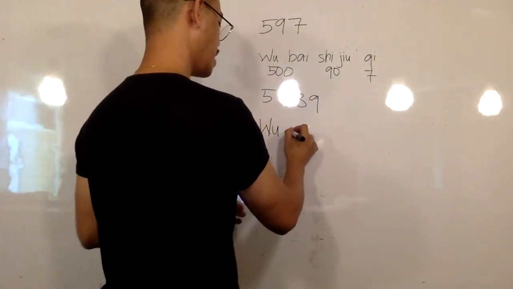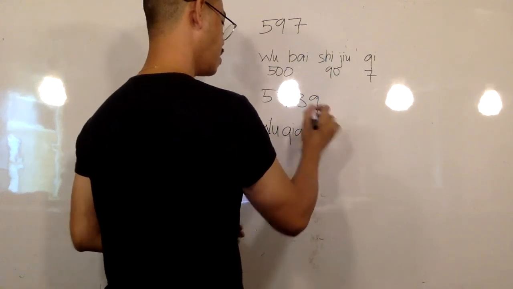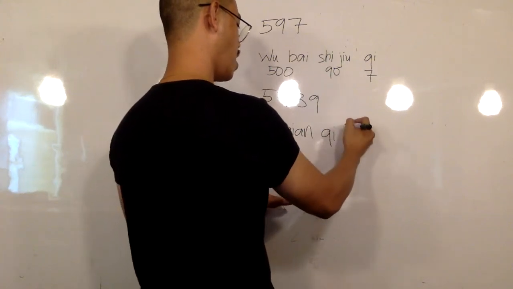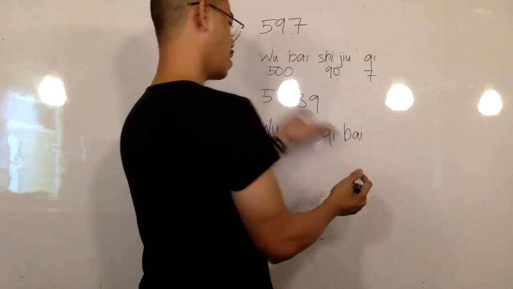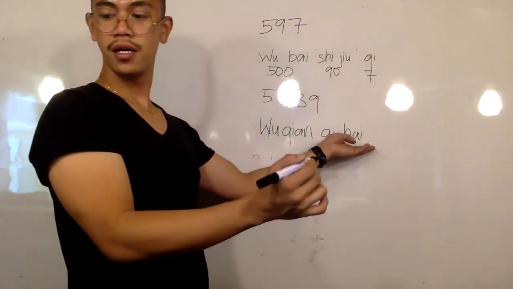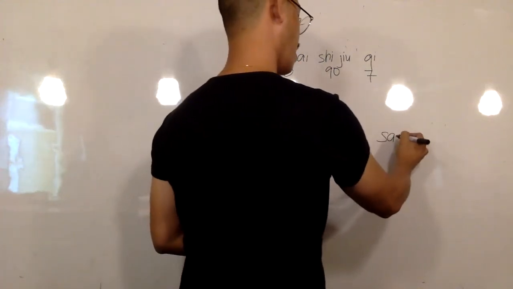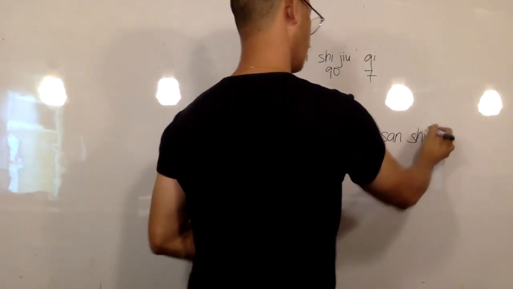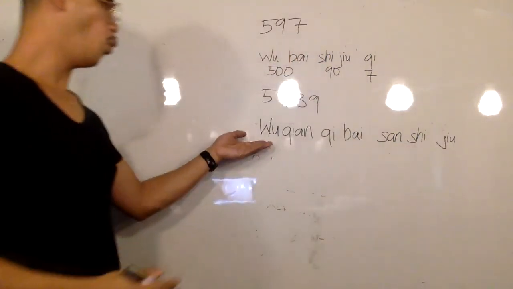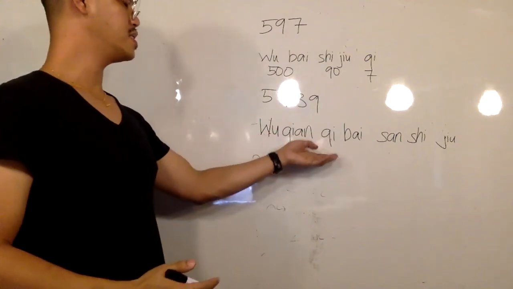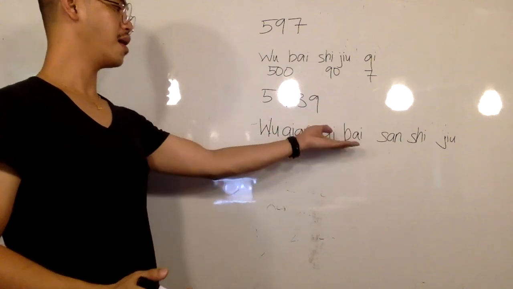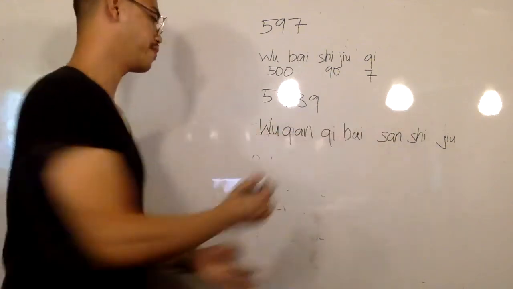That's wǔ. 1,000 is qiān. 700 is qī bǎi. 39 is sān shí jiǔ. 3 is sān, 9 is jiǔ. So 5,739.